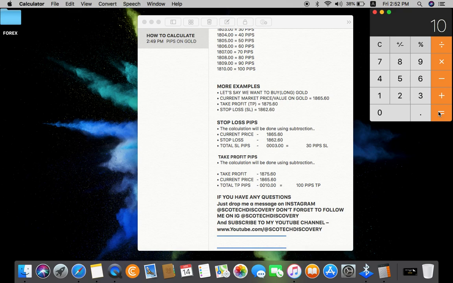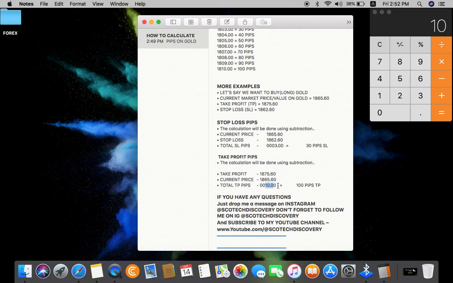Can you see it gives us 10? That 10, remember, there is always 0.0, just like I've explained here. You see, it's because I'm calculating it. So take note of what we are doing. If you calculate like this, all this will give you 0, 0, right? This will give you 1, 0, and this will give you 0, 0. So from here you know that this is 100 pips movement.